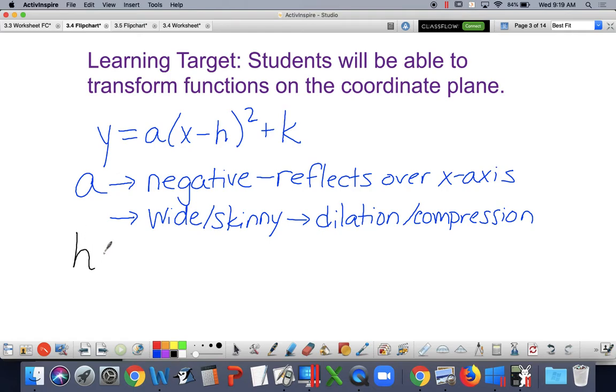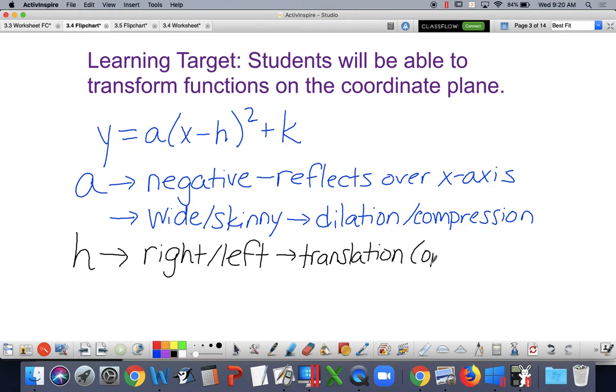All right, our next one, the H, meaning the number inside the parentheses. What did that have me do? It moved it over 1 on the x-axis, -1 on the x-axis. We moved right and left. We call that a translation, and it is the opposite of what you think.